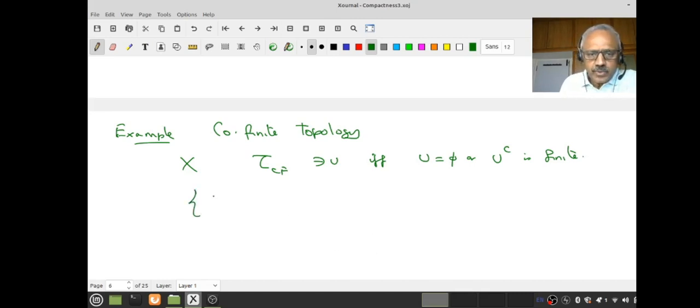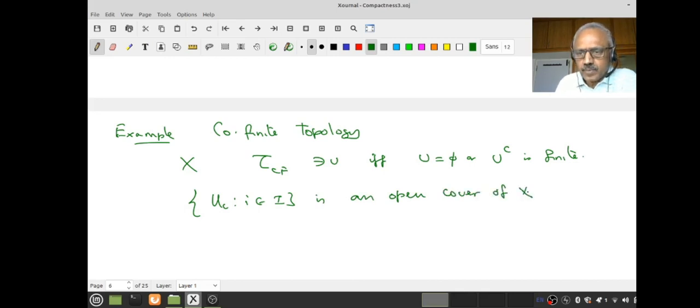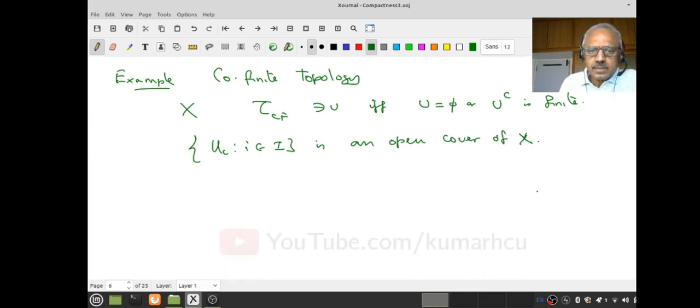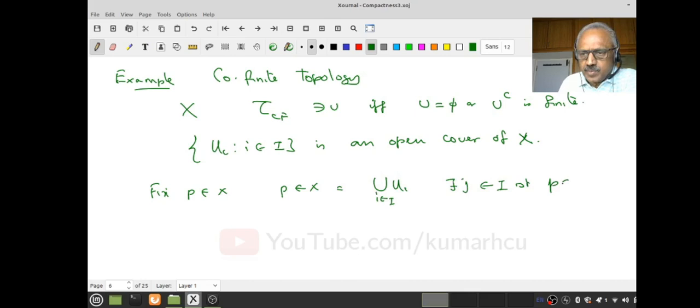Now suppose U_i, i in I, is an open cover of X. Now fix a p in X. p belongs to the union of the U_i, that means there exists a j in I such that p belongs to U_j. Therefore U_j is not empty and U_j belongs to the cofinite topology. What does it mean?